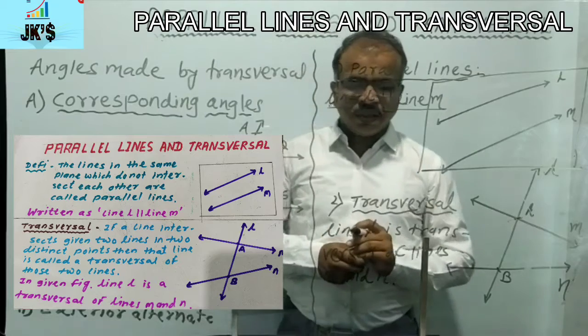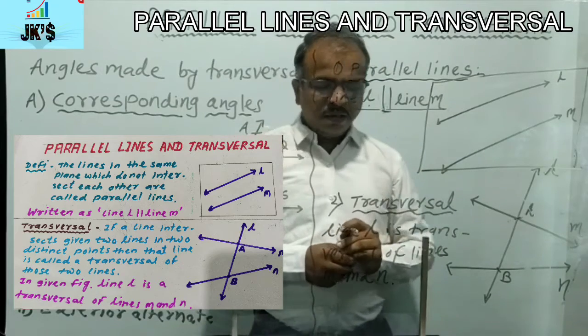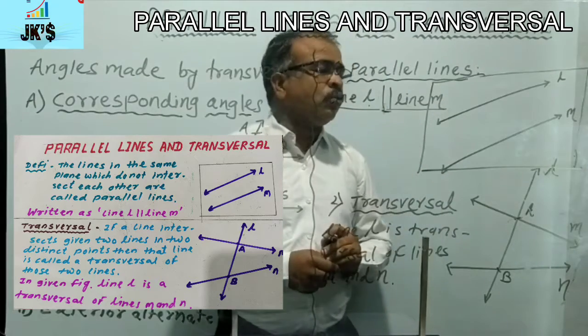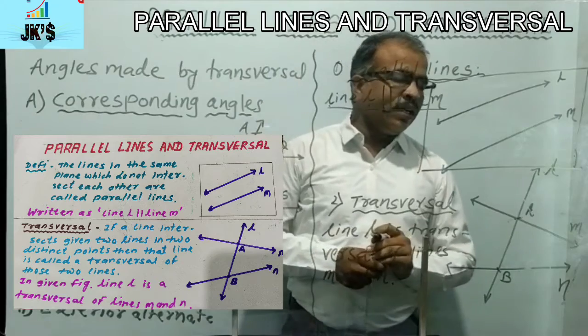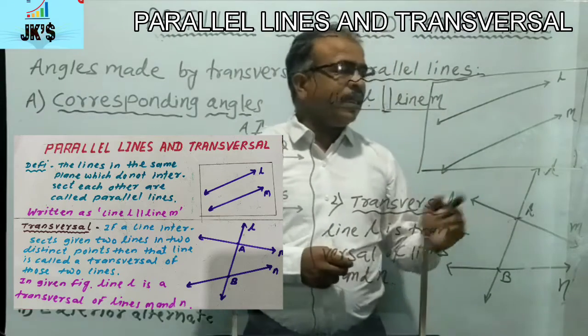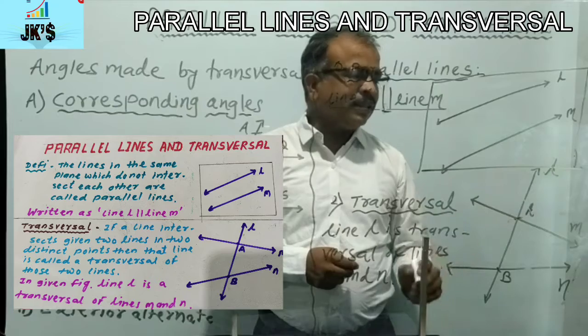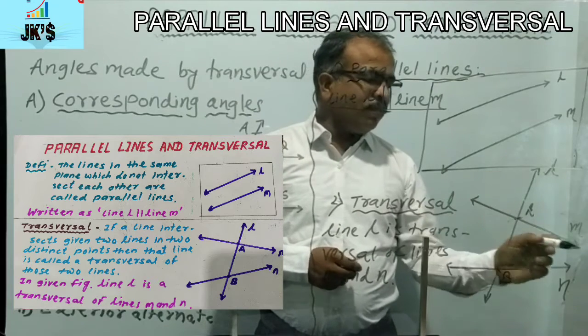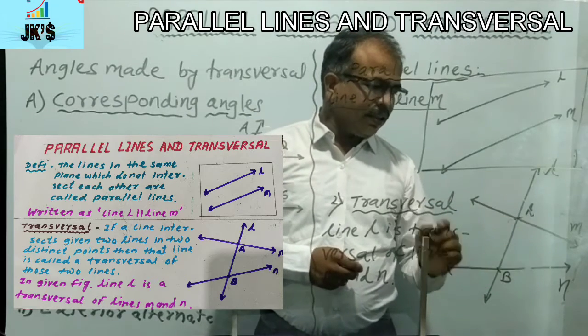What is a transversal? The line which intersects two or more lines in two or more distinct points is known as the transversal of the given lines.